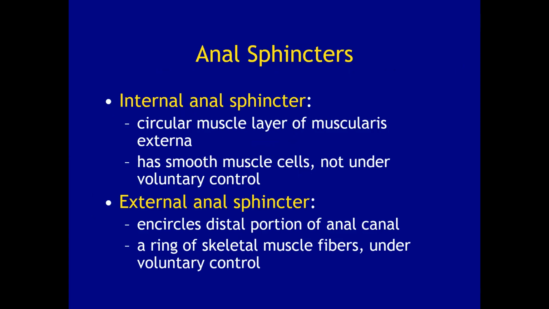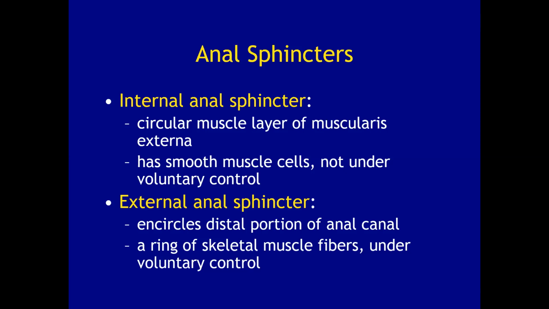There are 2 sphincters in the anus. The internal anal sphincter is smooth muscle, and it is not under voluntary control. The external anal sphincter is skeletal, and it is under voluntary control.